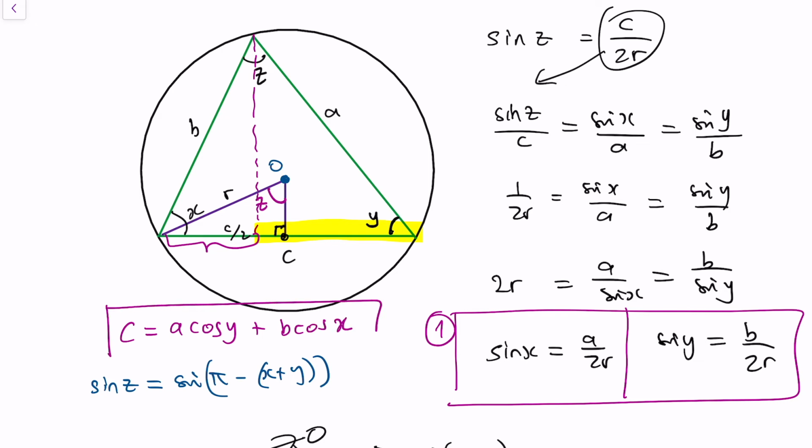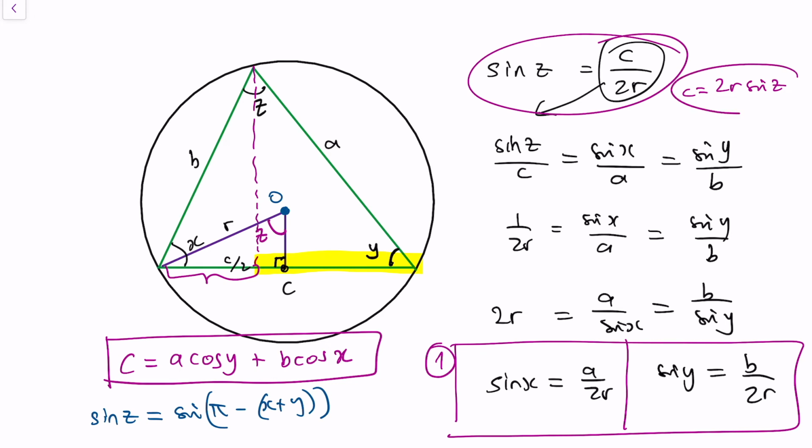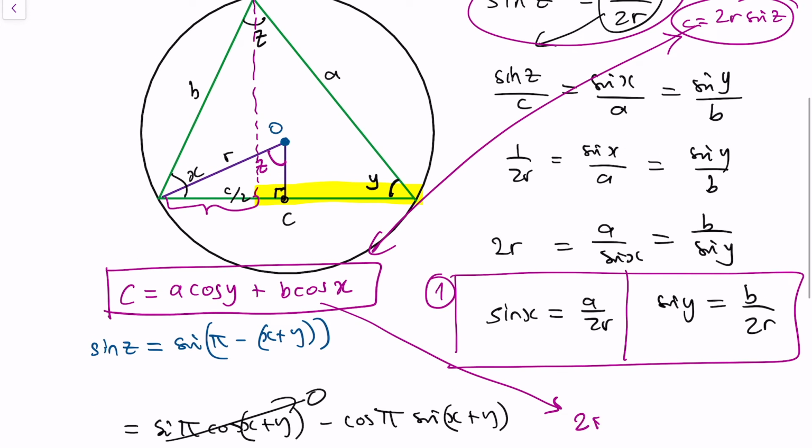So let's put this in a box as well. And we also have from this equation that c is equal to 2r sin z, right? And if we combine this with that, we can rewrite this equation here as 2r sin z, that's c, is equal to a cos y plus b cos x, right?